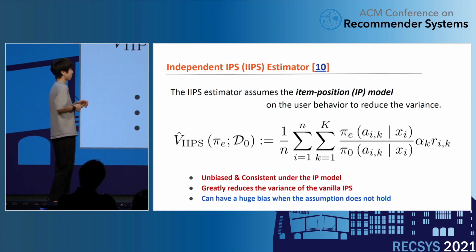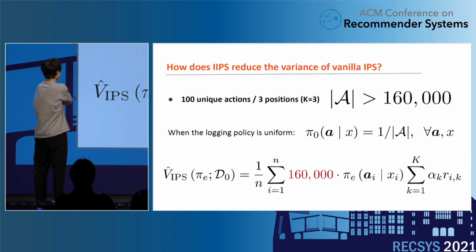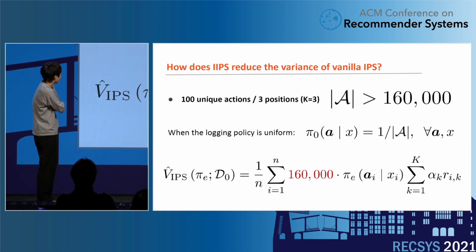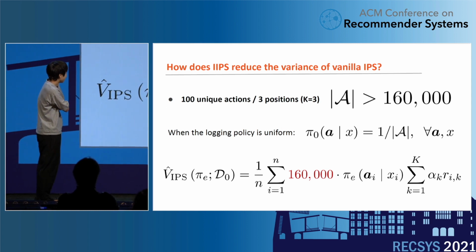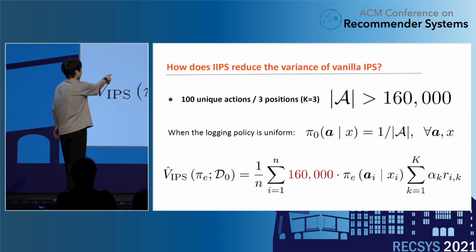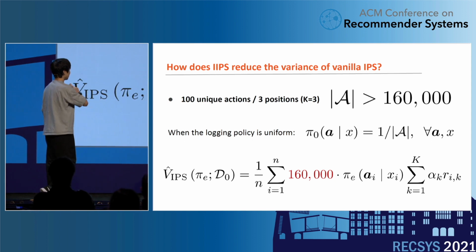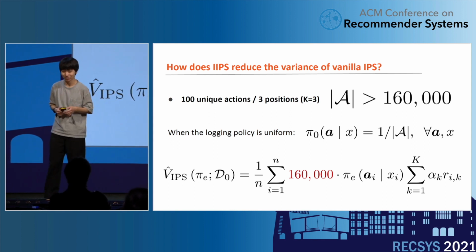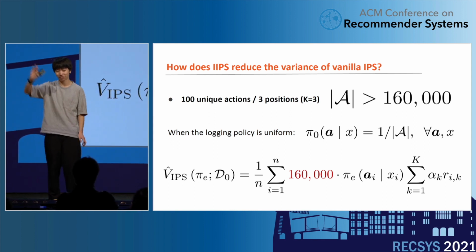Okay, so here's, again, the intuition of how the IIPS estimator reduces the variance of the vanilla IPS. The problem with the vanilla IPS is that we always see the number of actions in the definition, meaning that this vanilla IPS is going to be a very unstable estimator in the combinatorial action setting, because the action space is now combinatorially large.